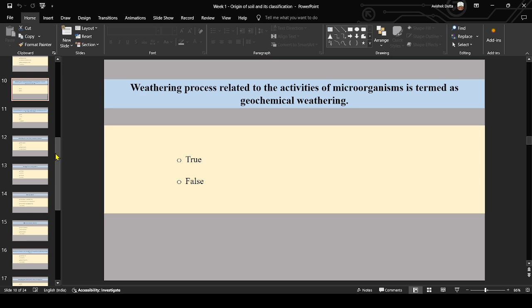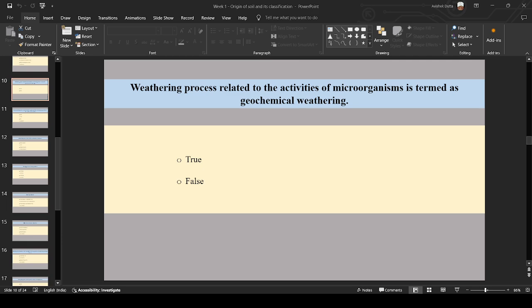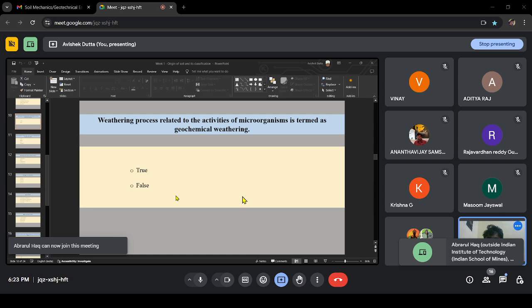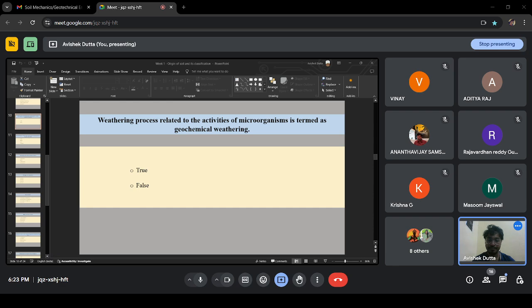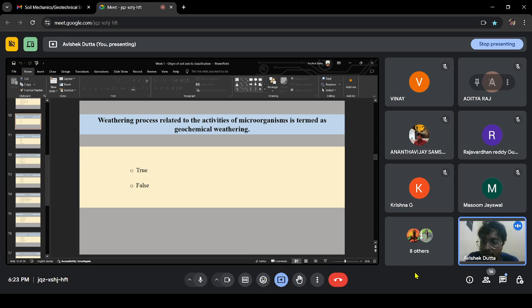You have to state whether this statement is true or false. I'll repeat the question once. Weathering process related to the activities of microorganisms is termed as geochemical weathering. Is this statement true or false?